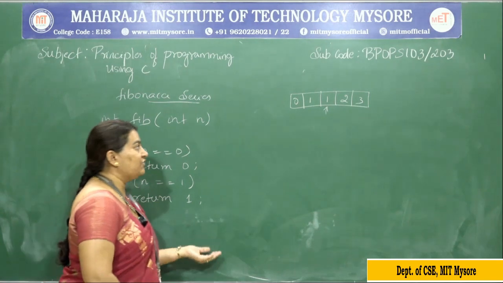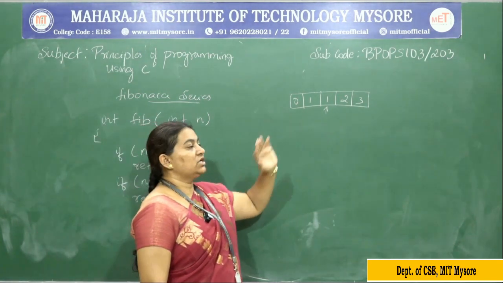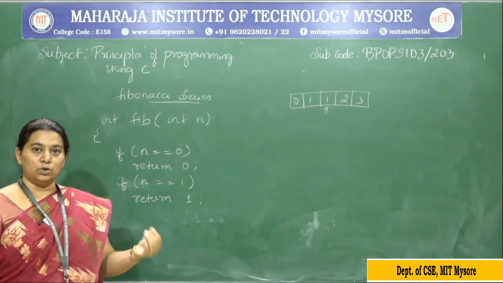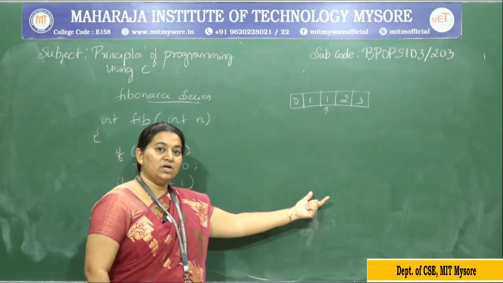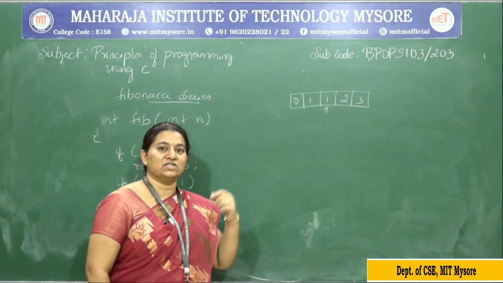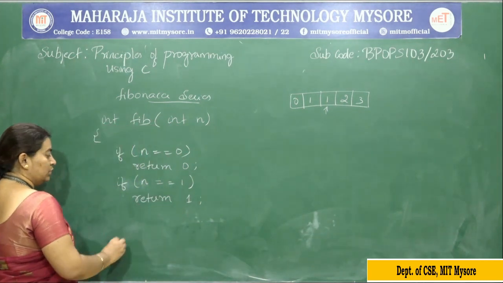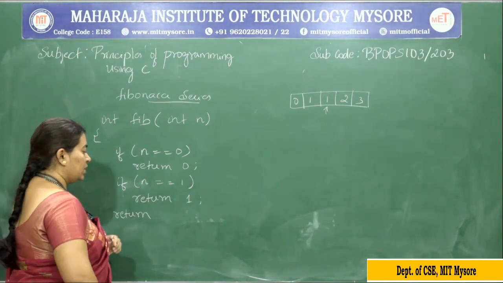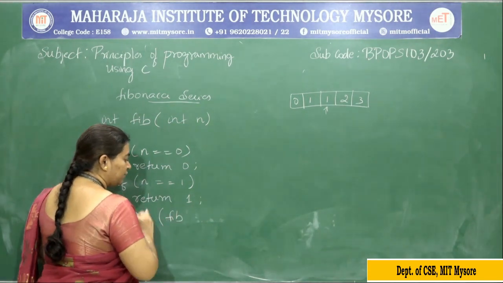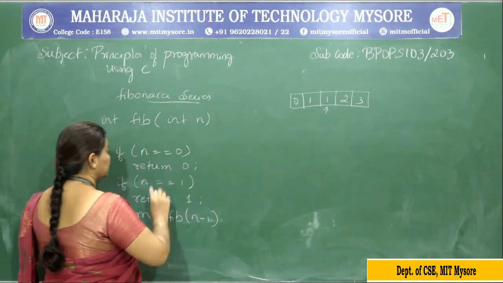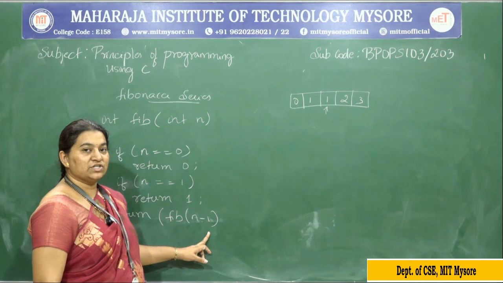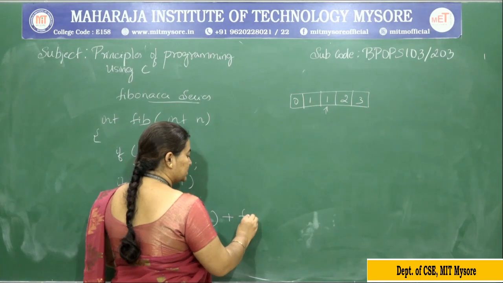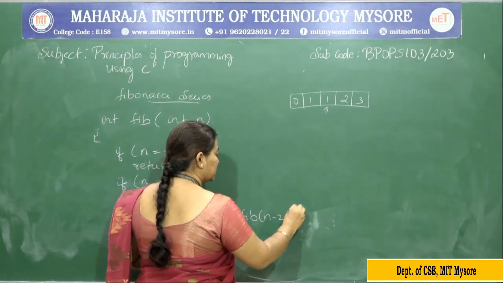Next, if my n is larger than 0 and 1, I have to use n minus 1 and n minus 2, and I am going to use a recursive function. So my function has to call itself. Otherwise, I have to return fib of n minus 1 plus fib of n minus 2.